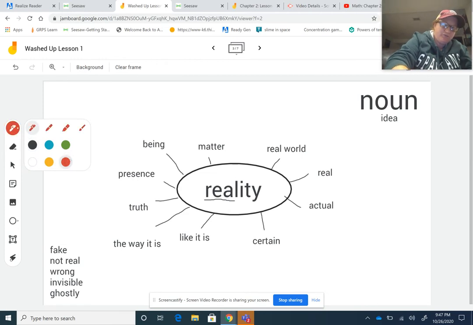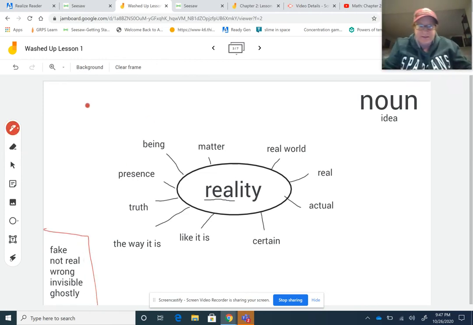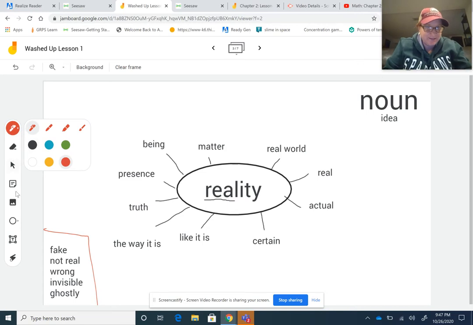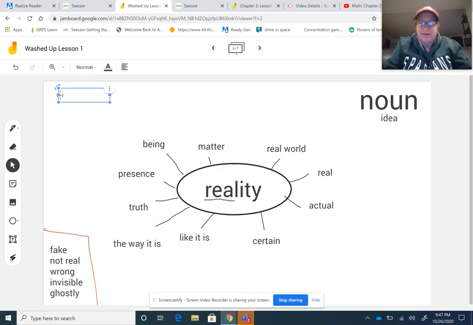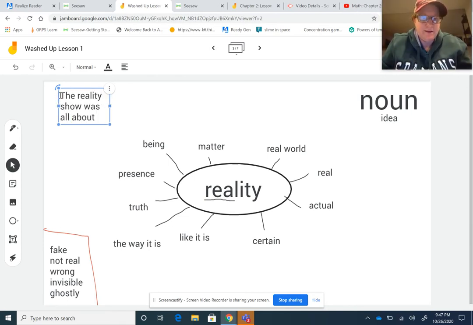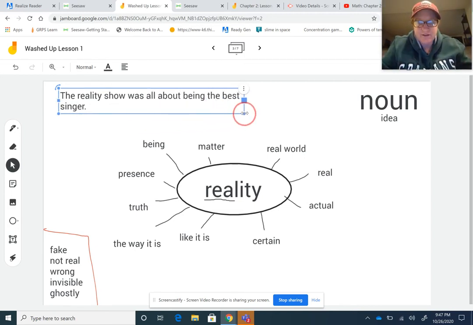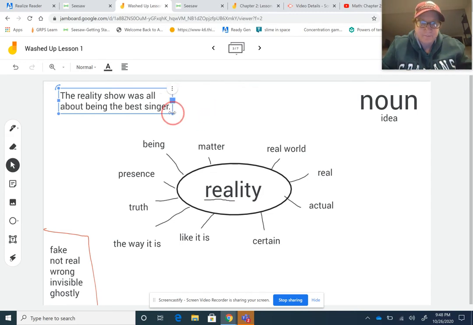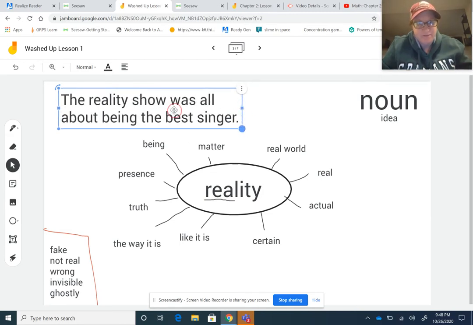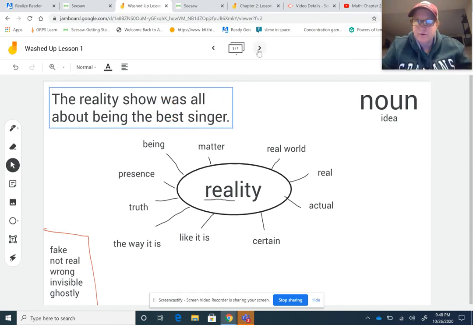Let me switch to a red box, and then I need to write a sentence using the word reality, and I'm going to say, the reality show was all about being the best singer. Remember, reality show is like real right now, like The Voice. I'll make that bigger for you, and we'll carry on.